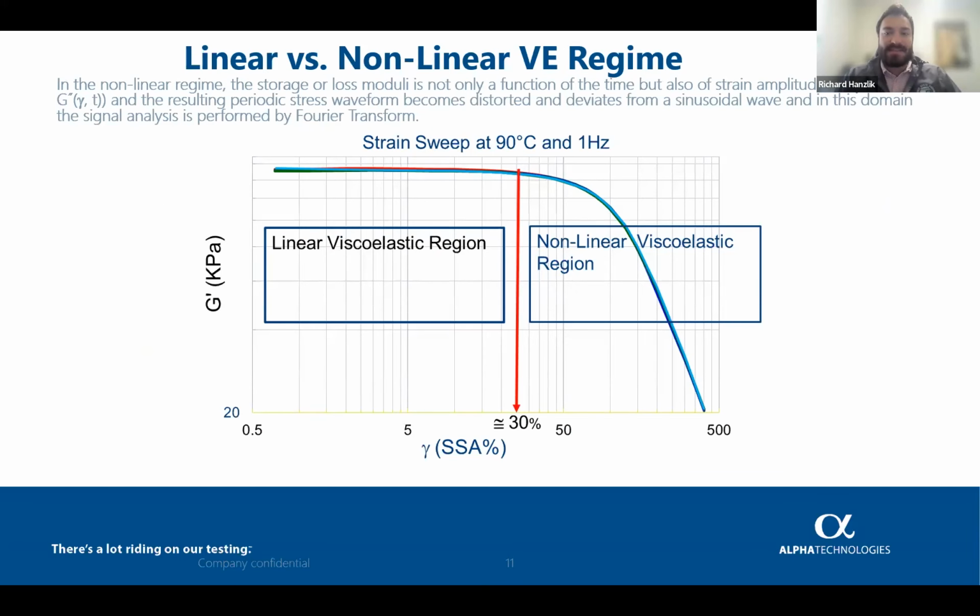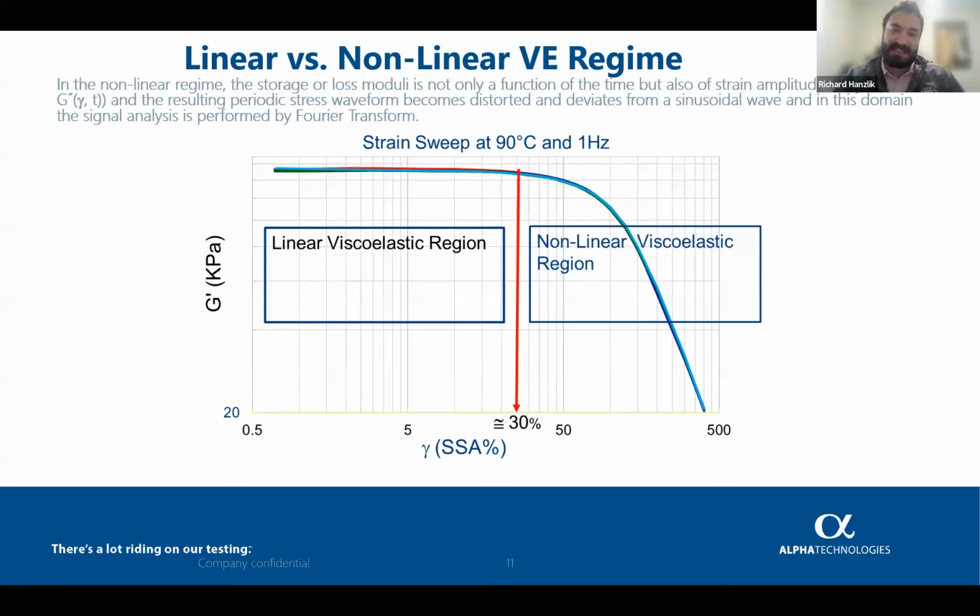So to explain the main difference between the linear and the nonlinear viscoelastic regime or region, we would like to clarify what this point means. And so we have to talk about linear viscoelasticity. Essentially, as we see on the chart here, the area of linear viscoelasticity is where, as we increase our strain angle, it produces a linear or flat response from the polymer.